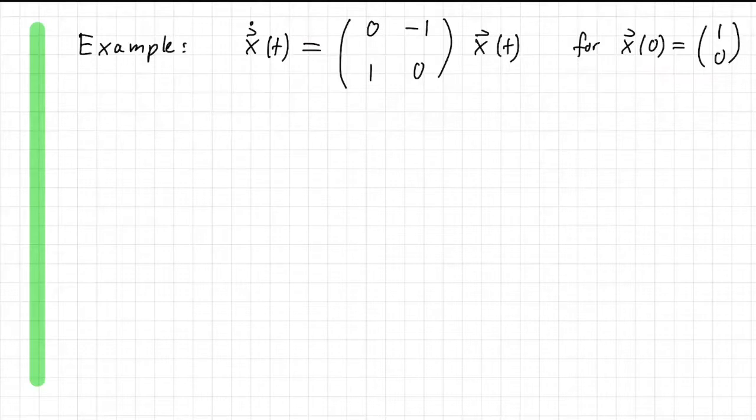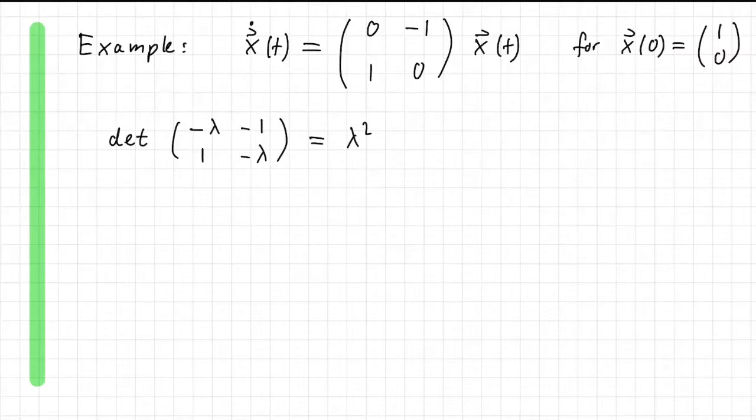So what we have to do is we first have to solve the eigenproblem. So we know that for finding the eigenvalues, we need to solve the equation determinant of this matrix minus eigenvalue on the diagonal. So minus lambda, minus 1, 1, minus lambda, which is simply lambda squared.